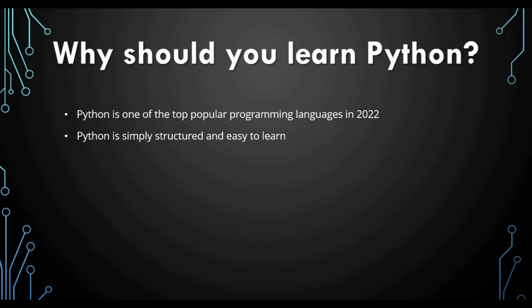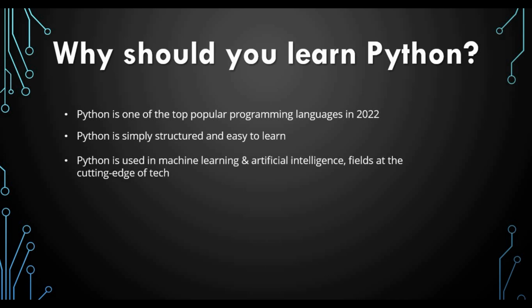And why is that? Because it's very simple, structured, and easy to learn. Once you see all these videos we are sharing, you will understand the difference between Python and other programming languages, how it is simple, and the different easy ways to learn it. Python is also now used in a lot of machine learning and artificial intelligence areas.